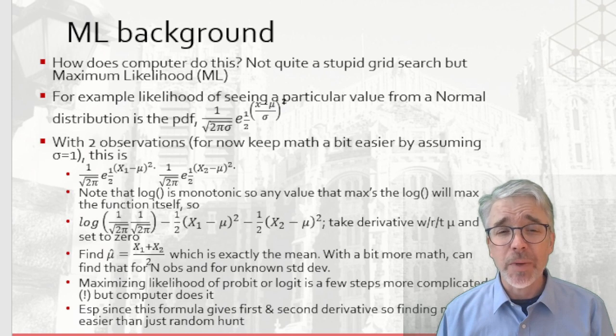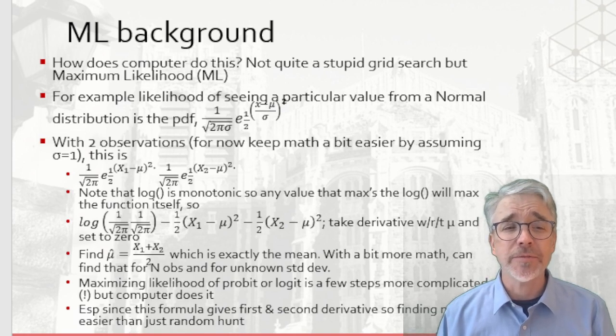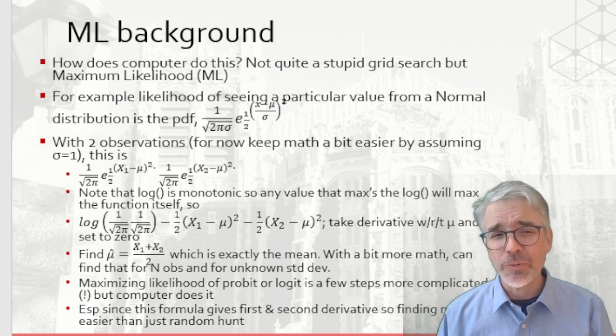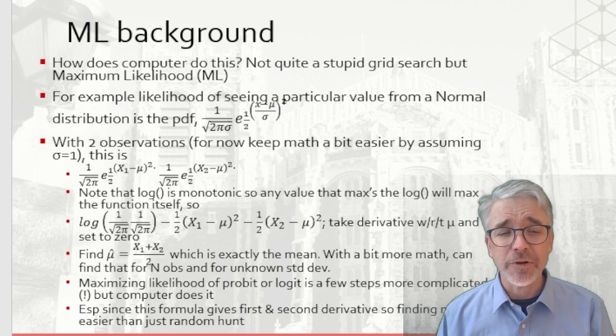The log function is monotonic, so any value that maximizes the log of a function will also maximize the underlying function itself. Take the log, which gives a bunch of constant terms that will drop out, and minus 1/2 (x minus mu) squared. Then, as you remember from calculus, whenever you want to find a maximum value, take the derivative and set it equal to 0.